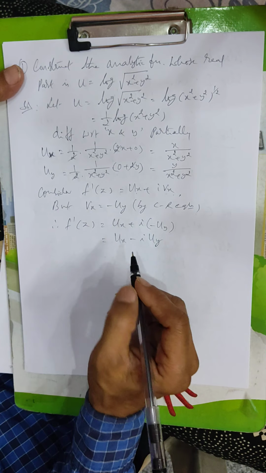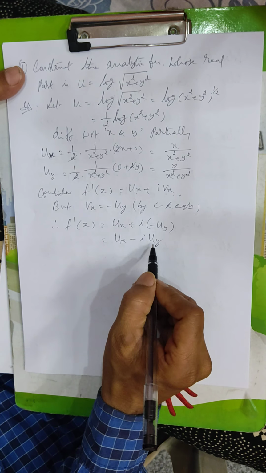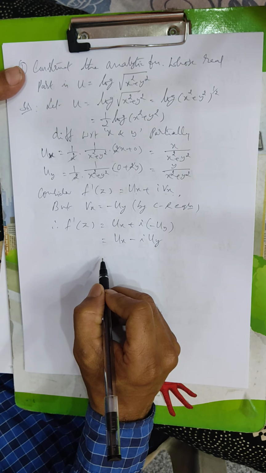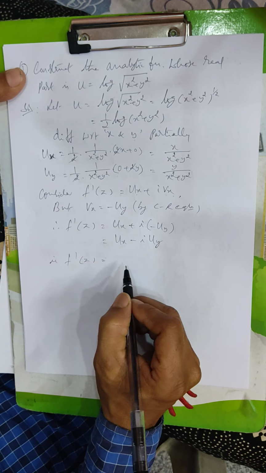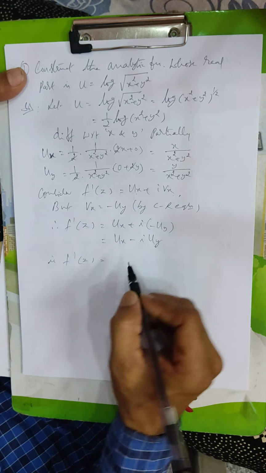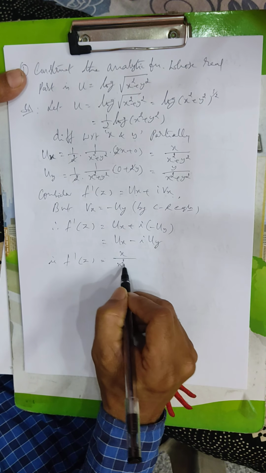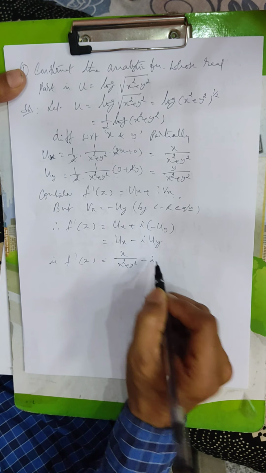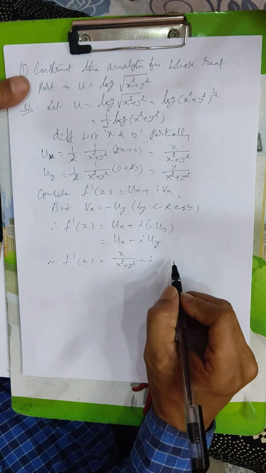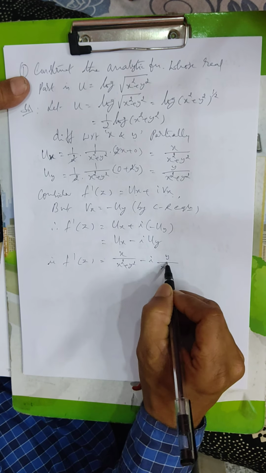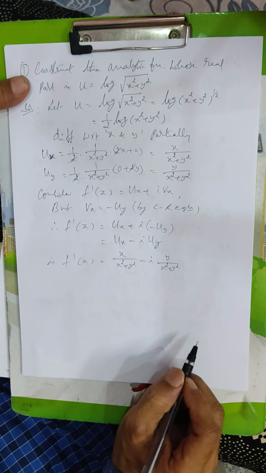Now let us substitute the expressions for both ux and uy. That is f dash of z is equal to ux, which is x by x square plus y square, minus i into uy, which is y divided by x square plus y square.